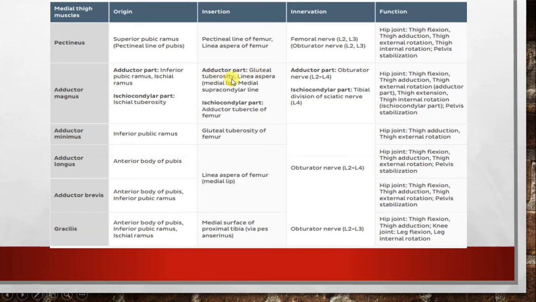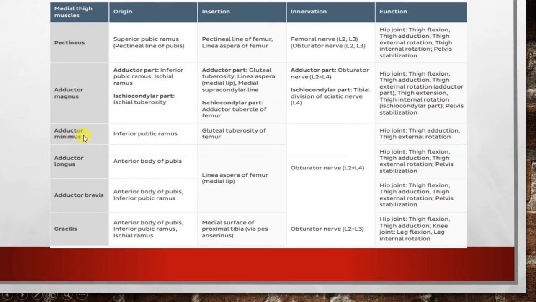The adductor part attaches to the gluteal tuberosity or linea aspera of the femur, while the ischiocondylar part attaches to the adductor tubercle of the femur. It also has a dual nerve supply, from the sciatic nerve as well as the obturator nerve. Functions of the adductor magnus are thigh adduction, thigh external rotation, thigh extension, and thigh internal rotation.